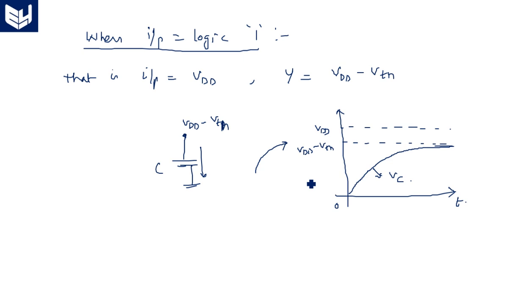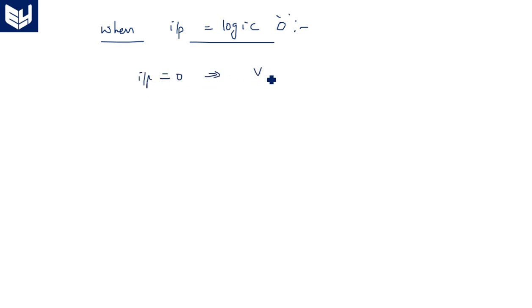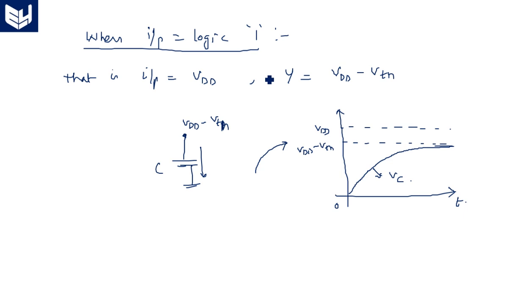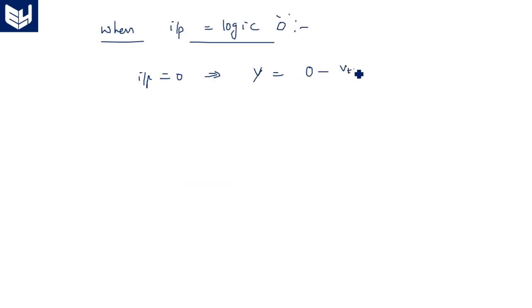That means after some amount of time, the output will reach the maximum value, nothing but VDD minus VTN. Okay, now when input is logic 0, what happens? Input equal to logic 0 means Y is equal to 0 minus VTN, which is minus VTN.